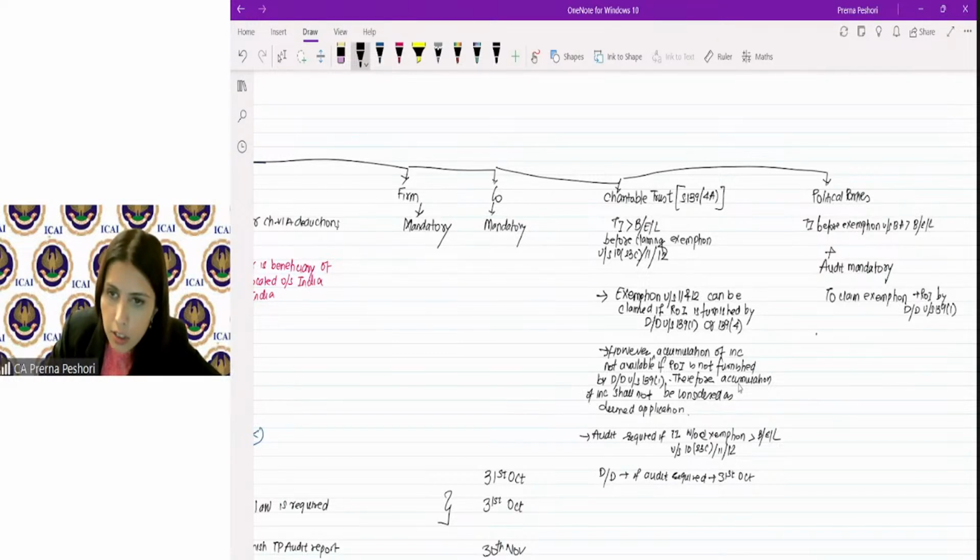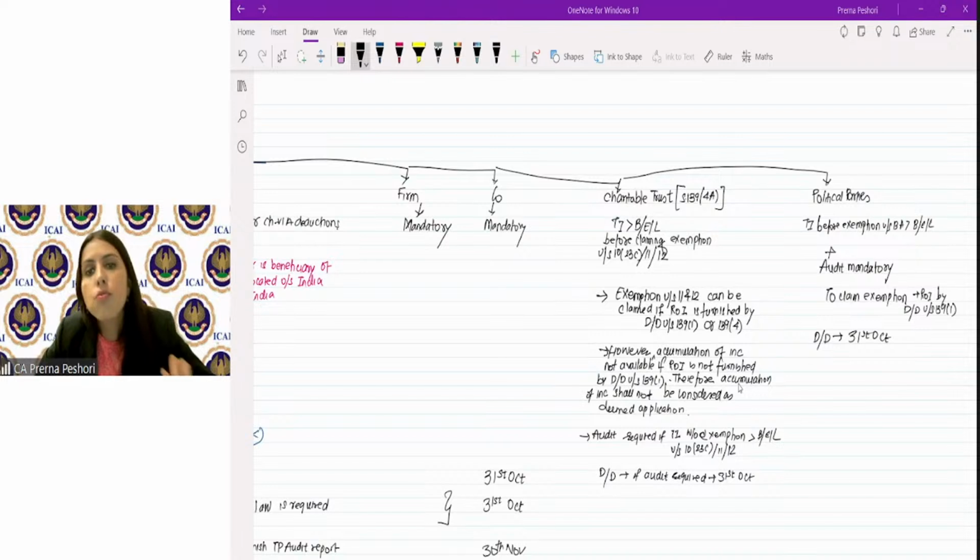And here, since the audit is mandatory, the due date will be 31st of October. Are we clear? Yes or no, students? Any questions? Any doubt? Yes? Then who are mandatorily required to furnish the return of income?